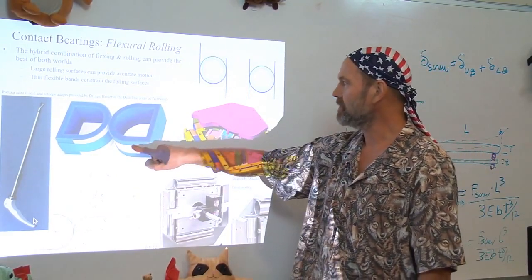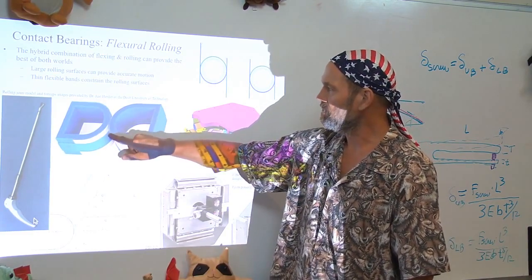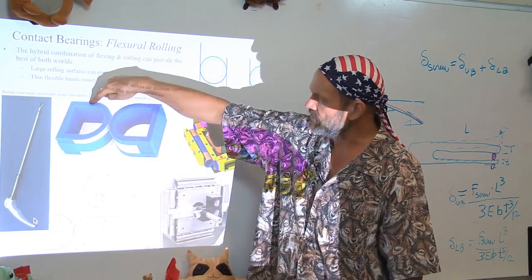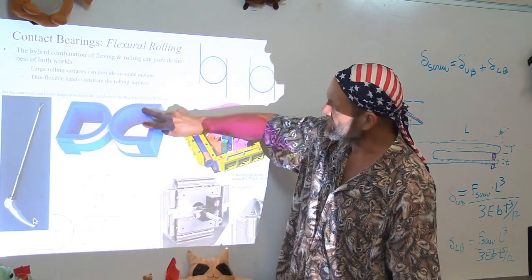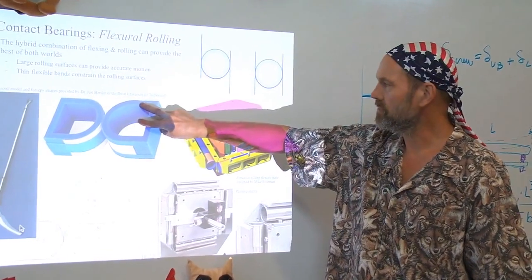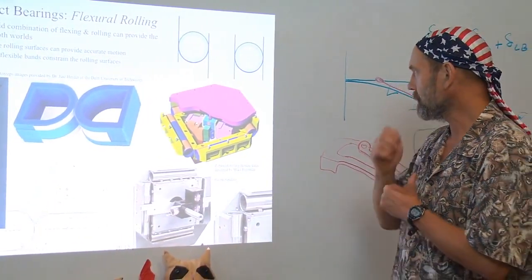See this wide band here, it comes through, goes between these two bands and wraps around on the other side of this structure. These two bands come in, wrap around, and then attach on this side of this structure. This forms a rolling flexural contact bearing.